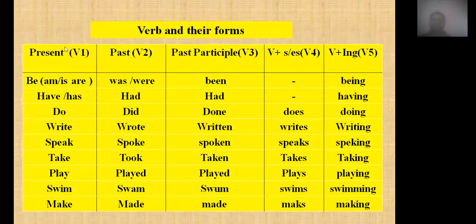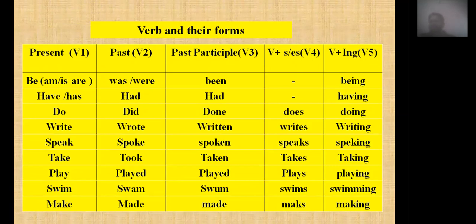If we know when the verb form will be present, when it will be past, when it will be past participle, and when it will be V4 and V5, then we can easily solve the right form of verbs.